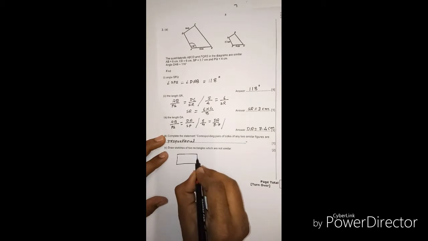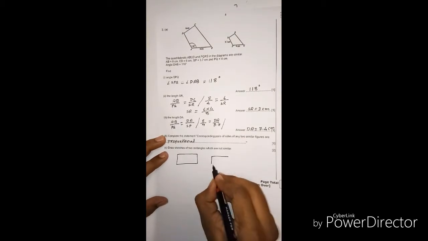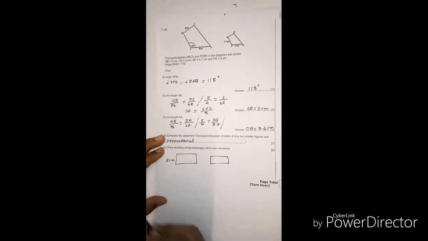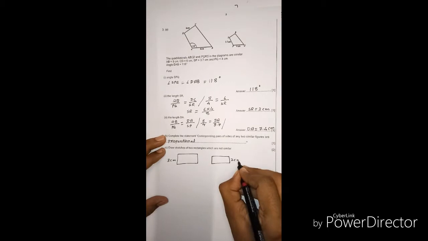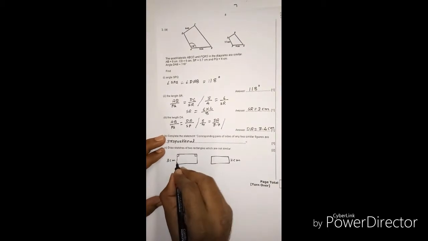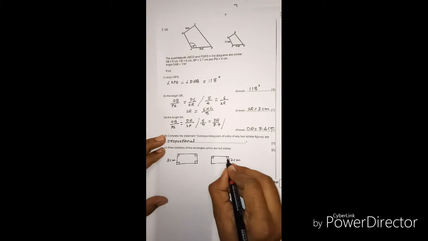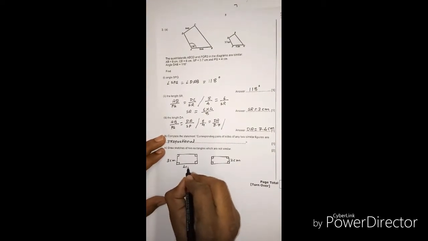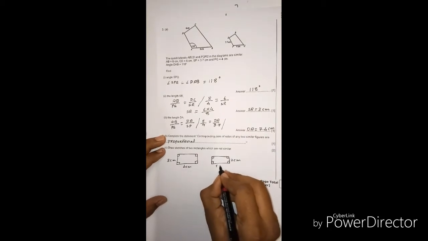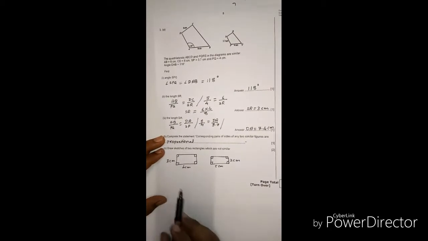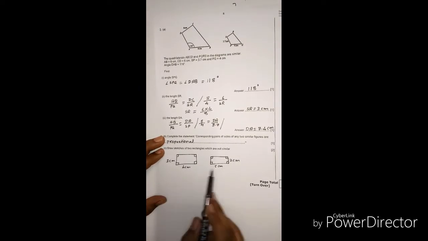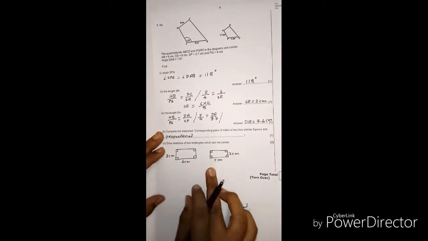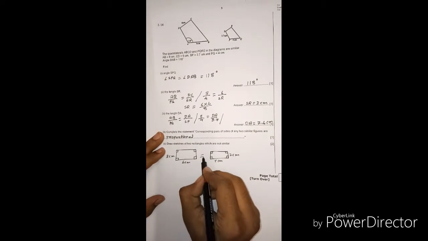For example, if you have a rectangle where the length is 3 centimeter over here and this is 2 centimeter, these are all 90 degree, as we know that in a rectangle all the angles are 90 degree, and the other rectangle has sides, say, 4 centimeter and 5 centimeter. So in this question you can see, if you find the ratio of these two terms, you will not get the similar value. So these two rectangles are not similar to each other.